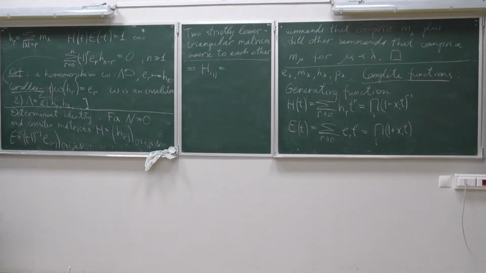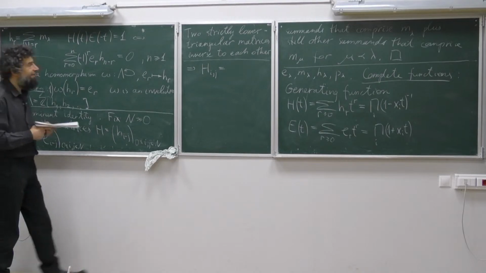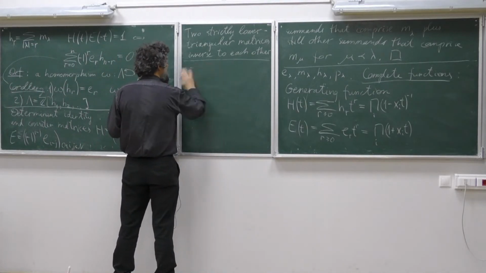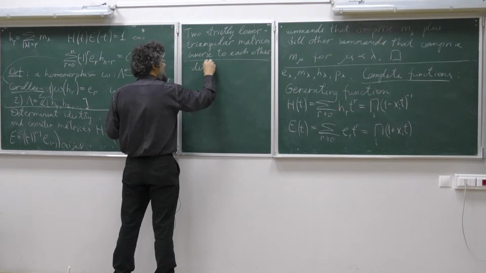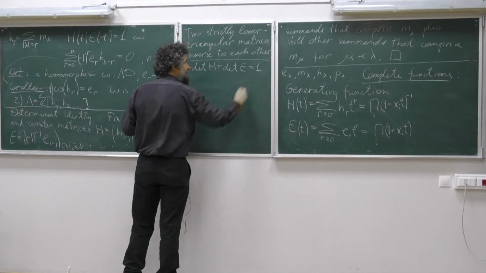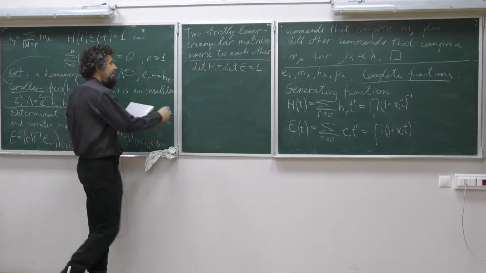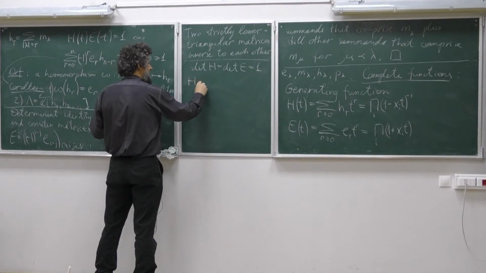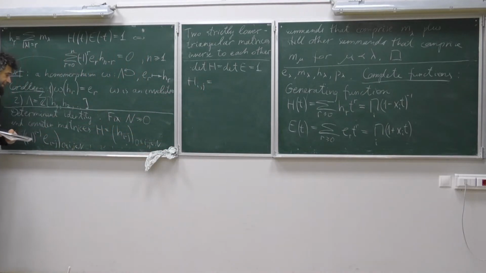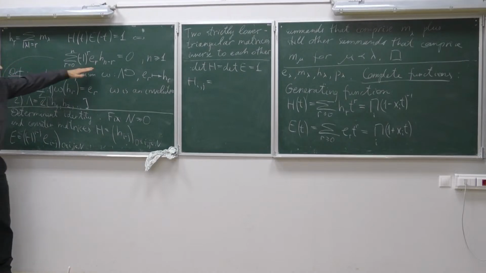So I guess you must know the formula for the inverse matrix. By the way, since they're both lower triangular, the determinant of H is equal to the determinant of E, equal to 1. Yeah, and now h_{ij} is what? By this formula?